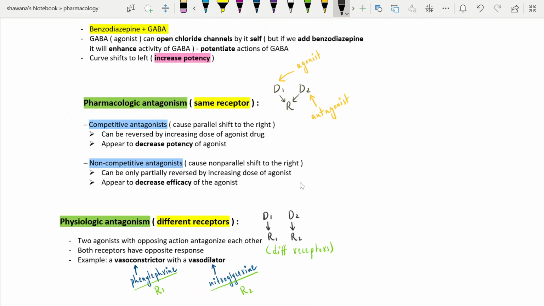We have discussed pharmacological antagonism. I have told you that these have the same receptors. A competitive antagonist will act on the same receptor as the agonist. In the same regard, the non-competitive antagonist will also have the same receptor, and the agonist will bind to that same receptor.